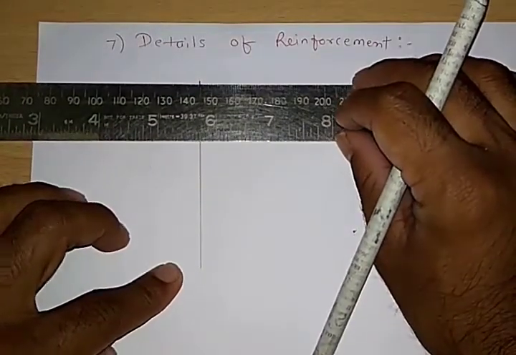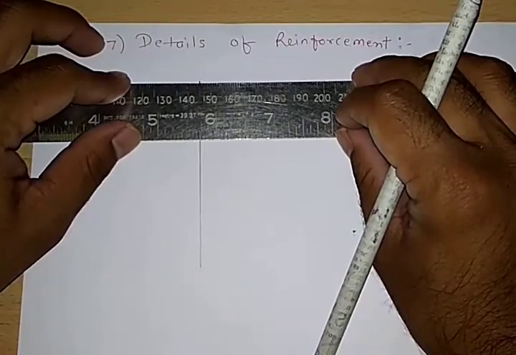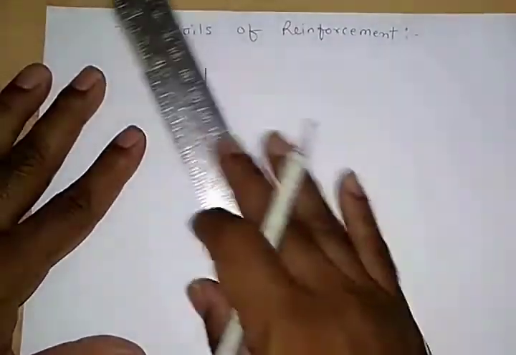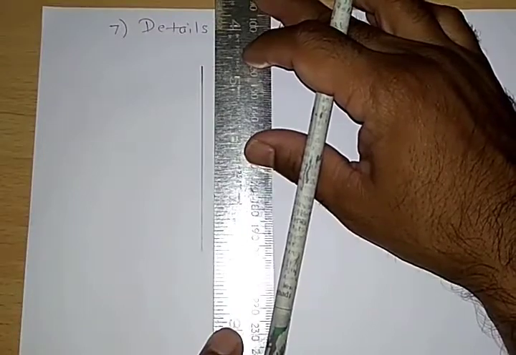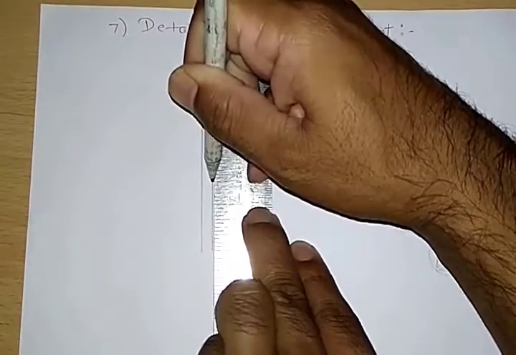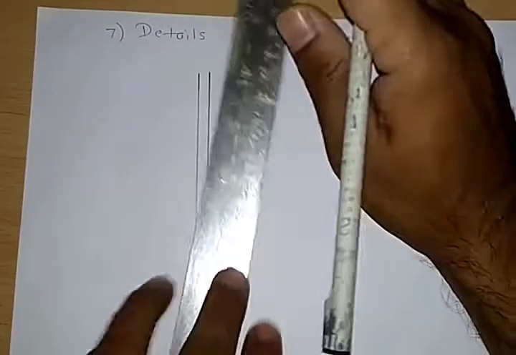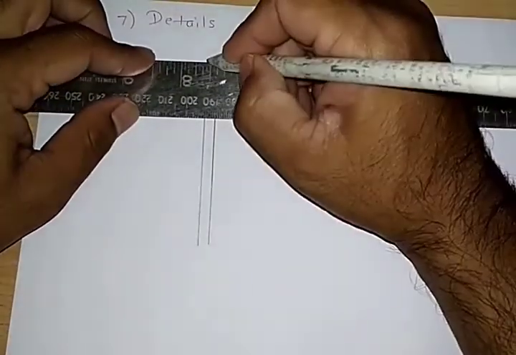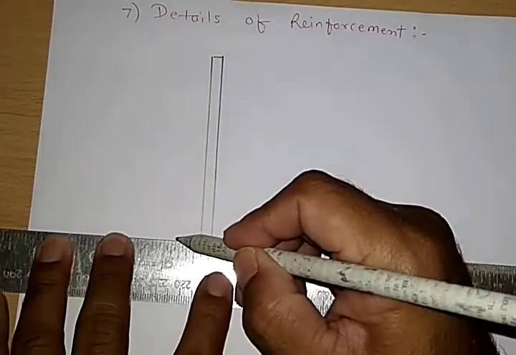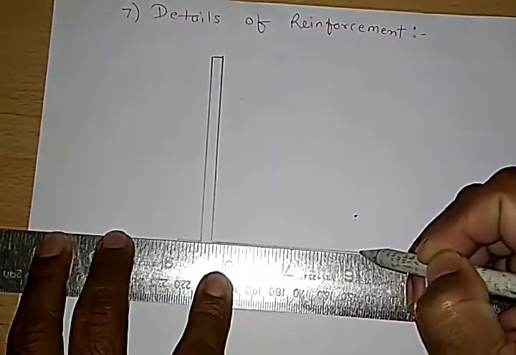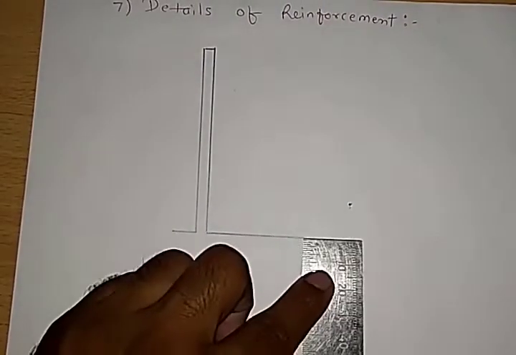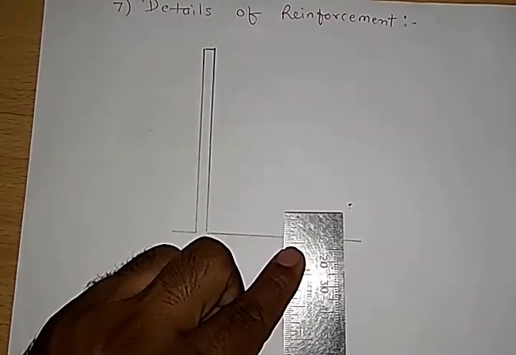That is going to be 0.4 approximate. And similarly we do have the base slab, that is 150 mm thick, so it is around 0.3 approximately.